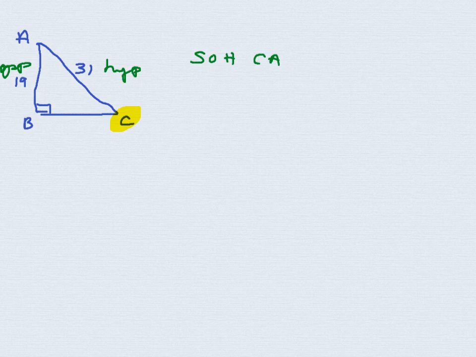So, SOH CAH TOA. To solve for the angle, we're going to use the sine ratio. So the sine of angle C, we don't know angle C. We need the opposite side, 19, and the hypotenuse of 31.